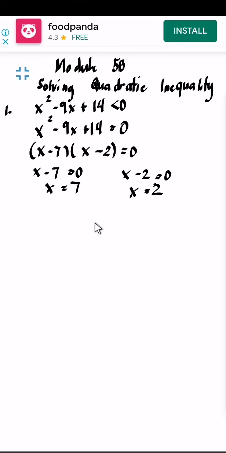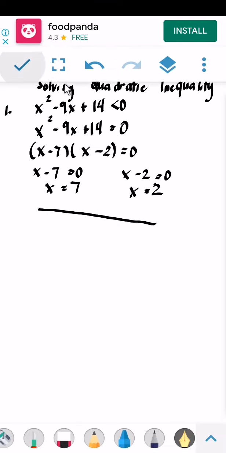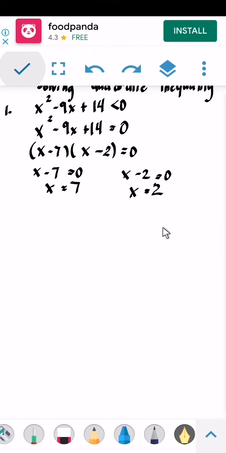Okay, but in our case, inequality kasi siya. So, ang nakalagay dito, yung value daw nito could be less than 0. So, hindi lang isa ang magiging sagot natin. There could be more. Now, from here, kailangan natin gumawa ng number line.